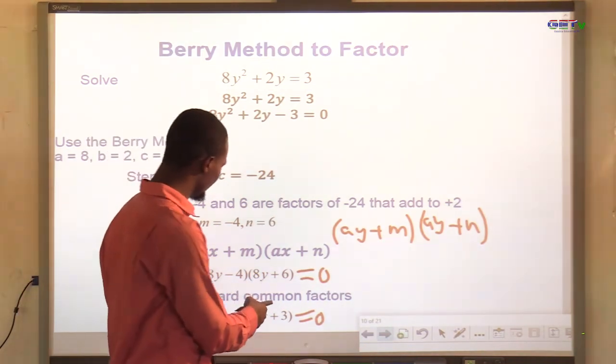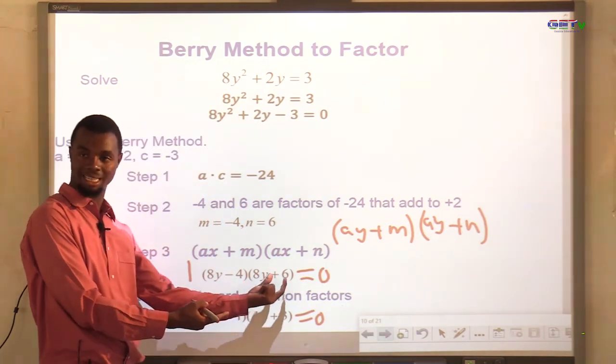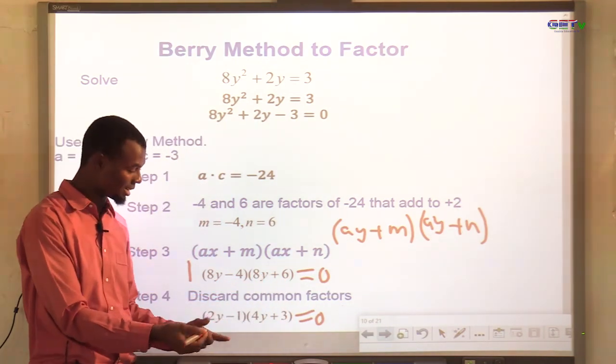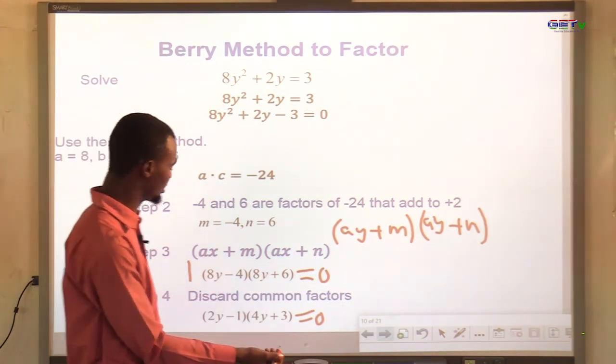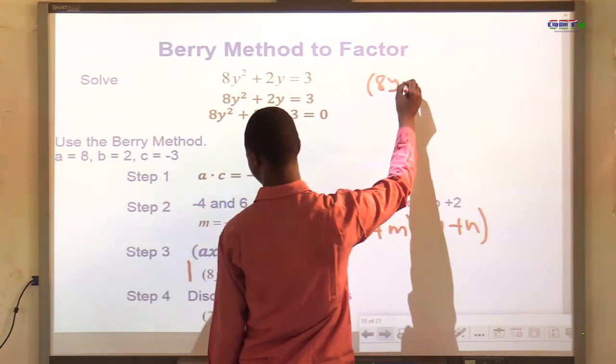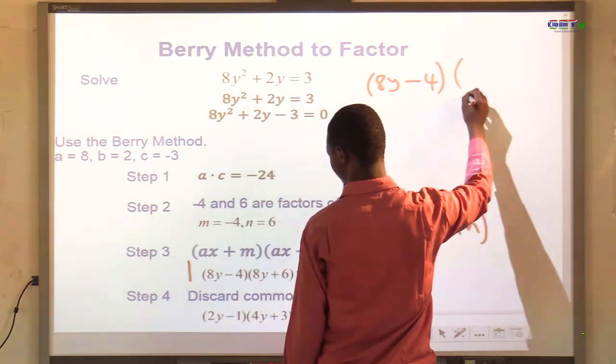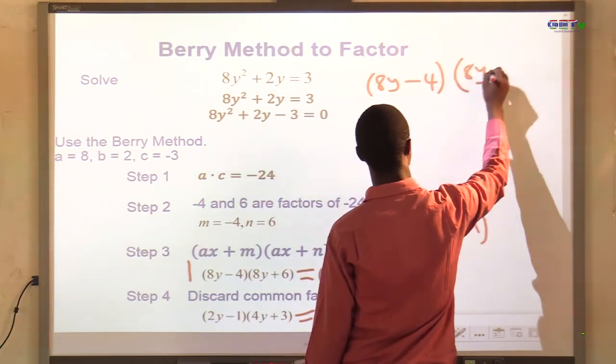Now, how do you do that? If you find the common factor here, and here also you find the common factor, you discard them. How is it possible to discard this common factor? First, look at the first binomial where you have 8y minus 4, and you also have 8y plus 6.